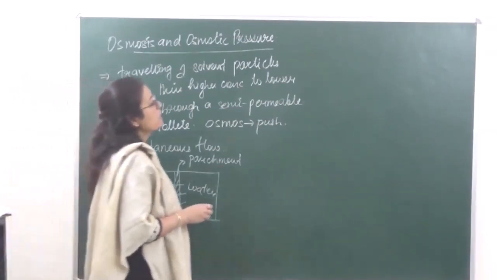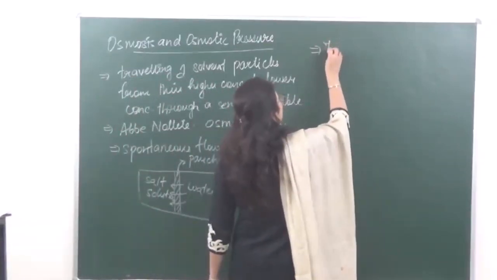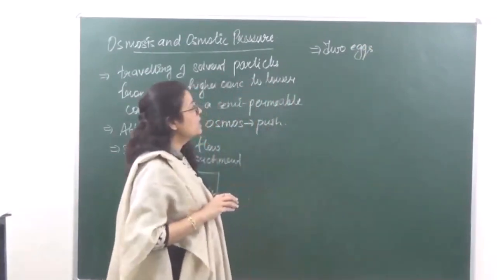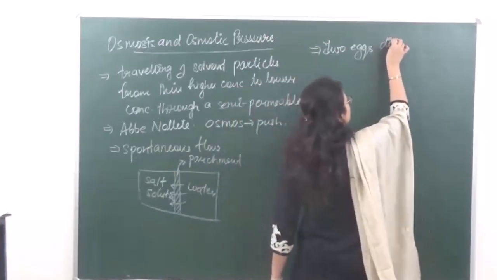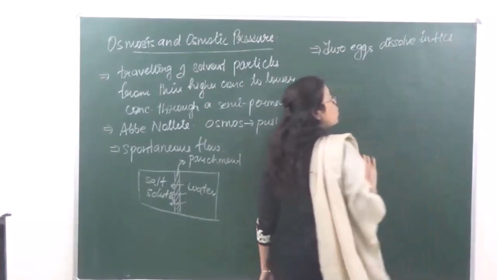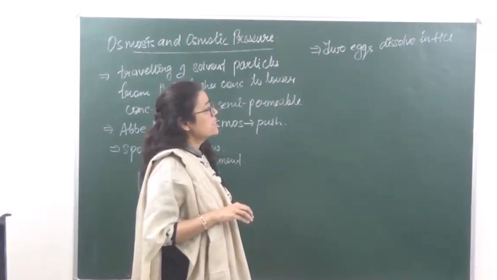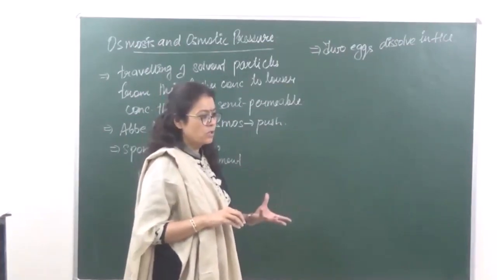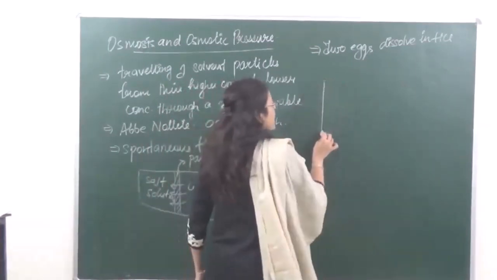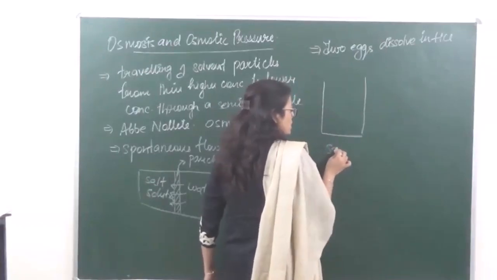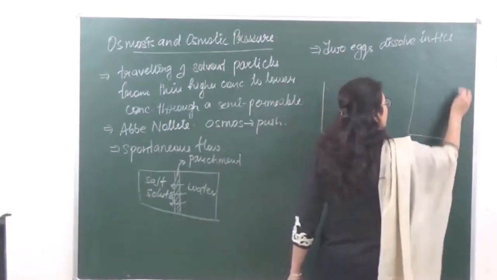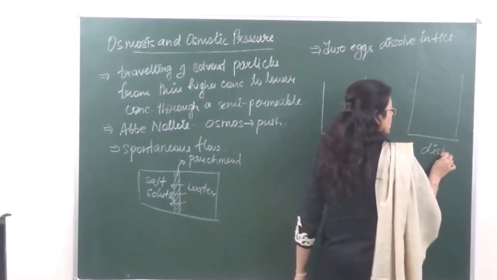Another experiment which we can do over here is we take 2 eggs and we dissolve them in HCl. When we dissolve the eggs in HCl, the hard shell comes off, and the membrane which is inside is a semi-permeable membrane. One egg we are going to keep in salt solution and the other egg we are going to keep in distilled water.